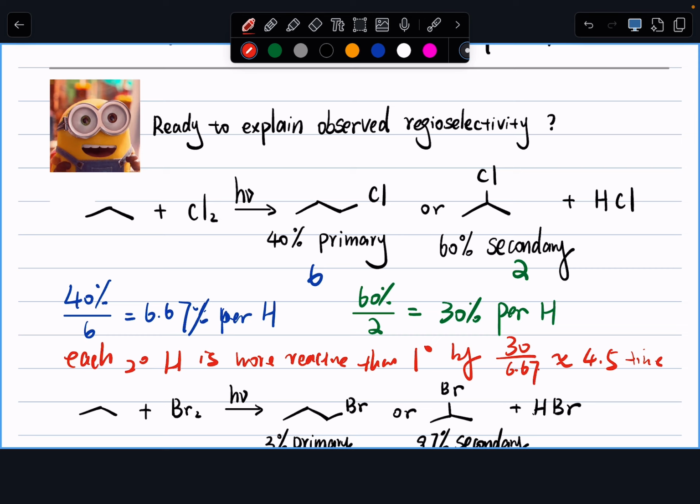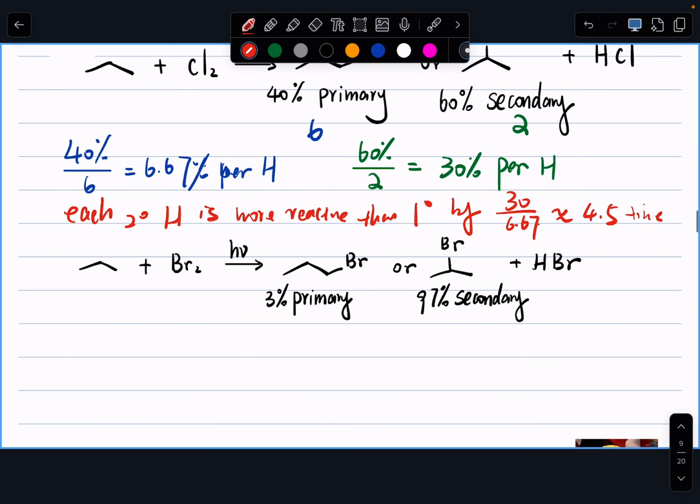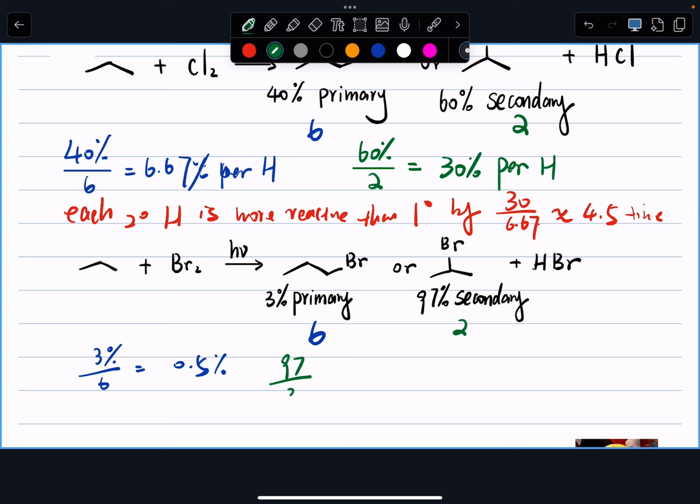So let's look at the calculation with bromination. Here we have again 6 primary hydrogens, 2 secondary hydrogens. We do the same kind of calculation: 3% divided by 6 gets 0.5% for primary, and 97 divided by 2, you get about 48.5% for secondary.